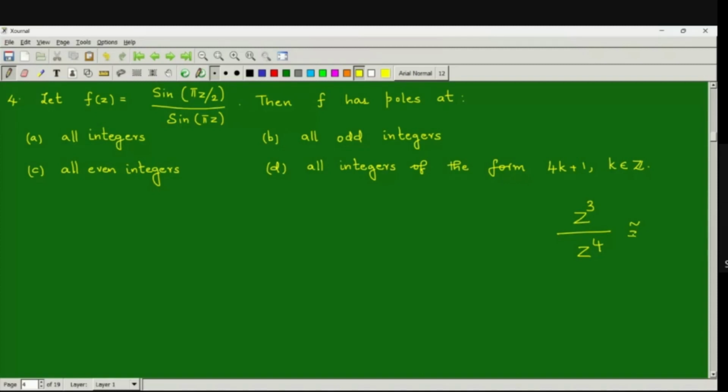No, right? You understood the difference between pole and removable singularity? Yeah, it is a pole at 0. But see this thing. Does it have a pole at 0? No, it has a removable singularity at 0.